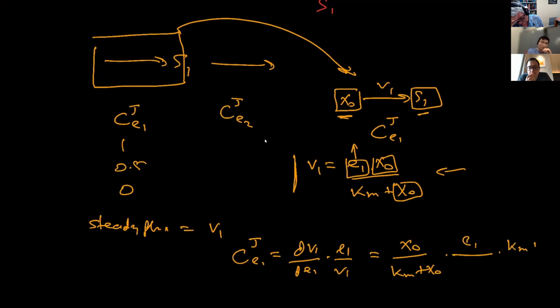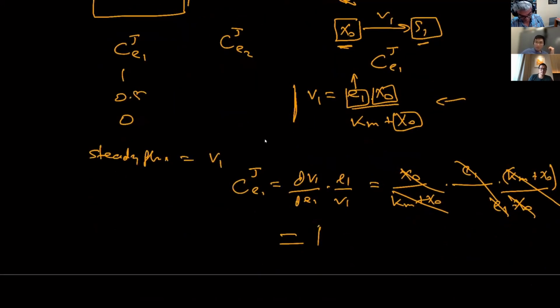So it's Km plus X0 divided by X0. Cancel, cancel, cancel. Oh, there's an E1 here as well. E1, cancel, cancel. So I get 1. So the control coefficient for a single reaction, with fixed reactant and product, is 1.